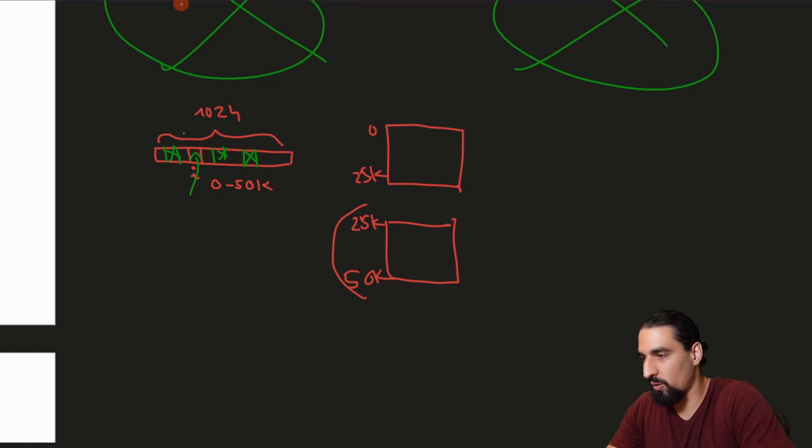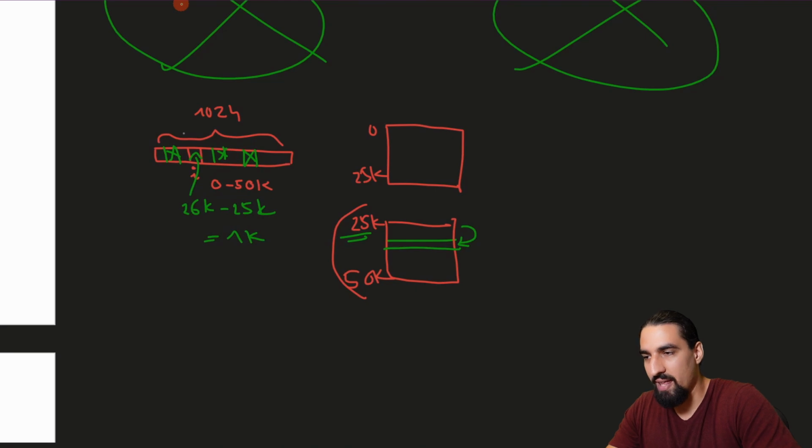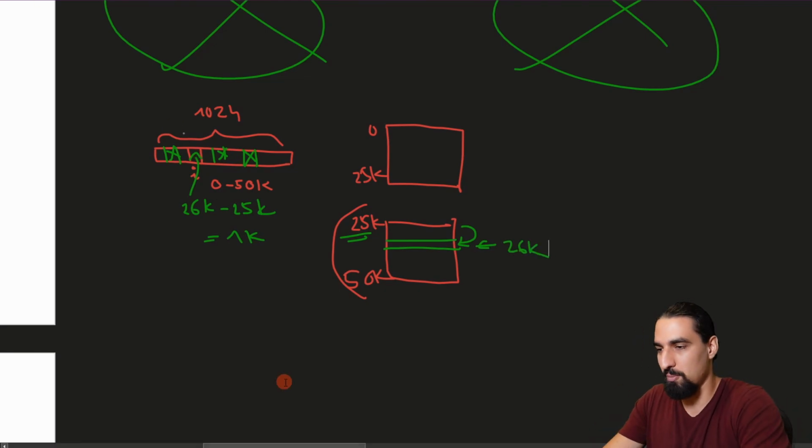Let's say this one is 26K. It's going to subtract the 25K because that's the offset, and we're going to end up with 1K. When you index with 1K into this table, you end up with some embedding vector here. And that vector, if you take a look at the whole table, is at 26K. That's why we do all of this offsetting. Hopefully this now makes a bit more sense.